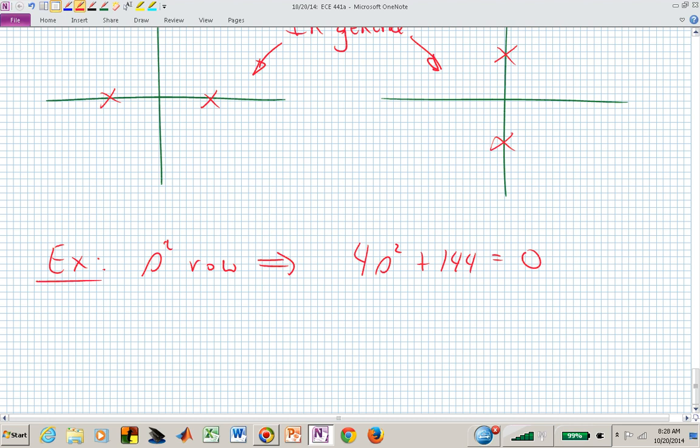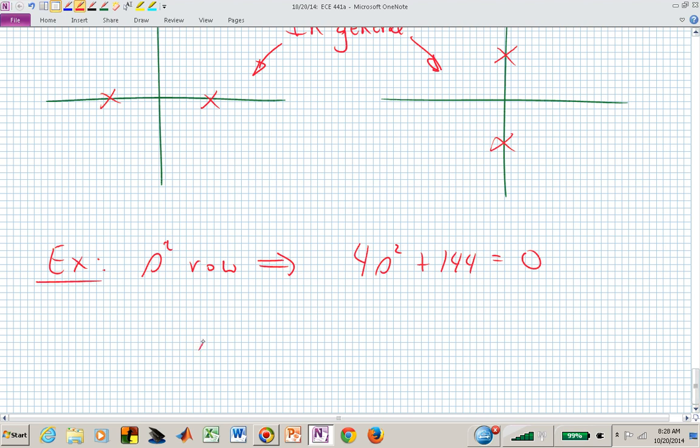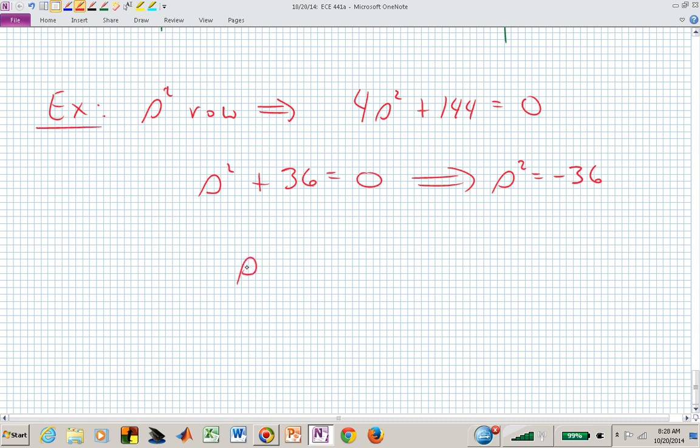If we set that equal to 0 to find the roots associated with those coefficients, we can divide both coefficients by 4. We now have s squared plus 36 equals 0, so s squared is minus 36, or s is plus or minus j6. Our symmetry then was along the imaginary axis.